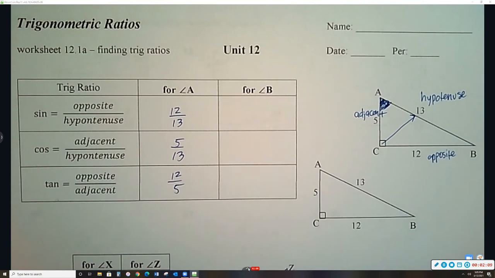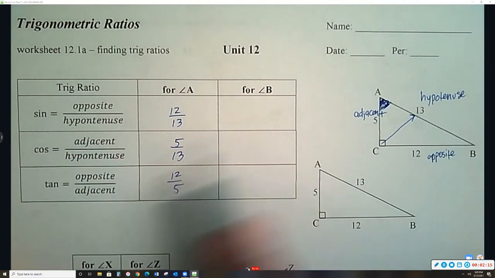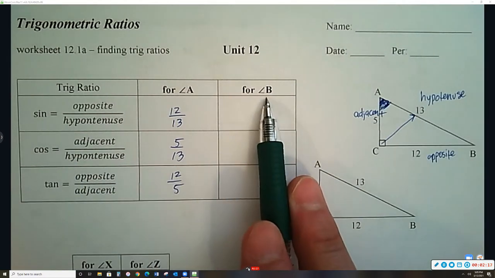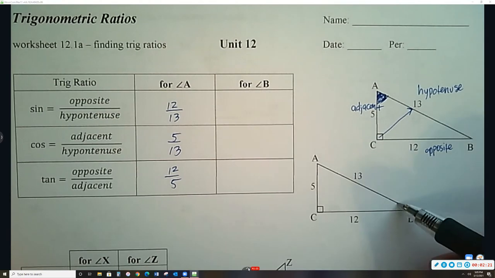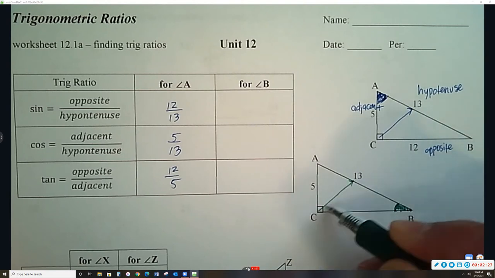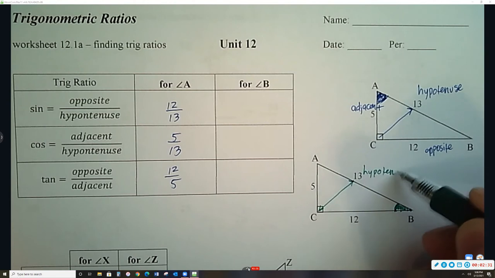Okay. And then for this other column, it says find the same ratios, but now for angle B. So we're going to focus on angle B. So angle B is down here, right? Now the hypotenuse does not change. The hypotenuse is still across the 90-degree angle.